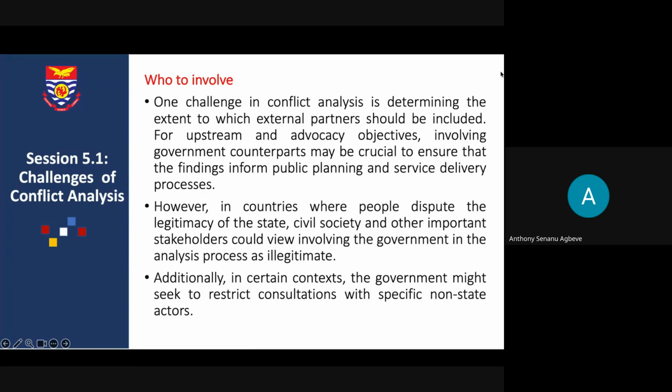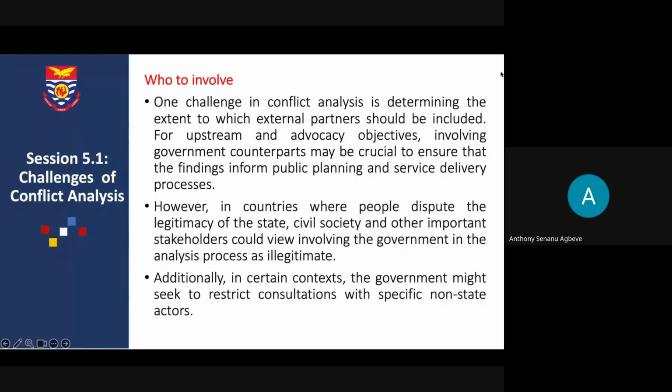It might not be detailed. It might not be in depth. So the information you are getting will be face value information. So that can also be a challenge, right? So who to involve is very important, because if you don't involve the right persons, at the end of the day, the actionable recommendations you want to give to the government or whoever is in charge of implementation might be challenging, right?